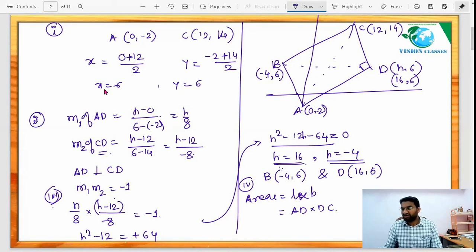Then we got the values, put them in the rectangle, and found the area.